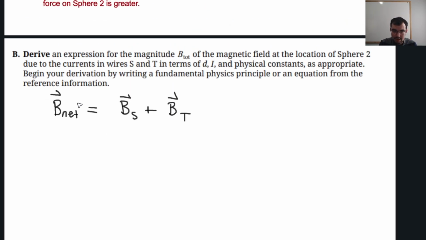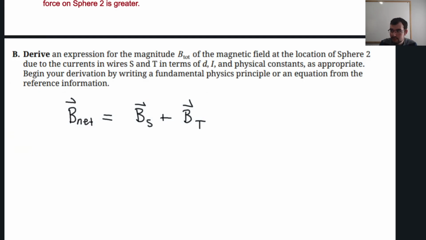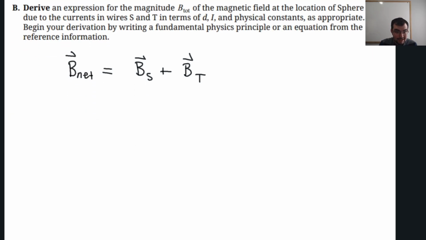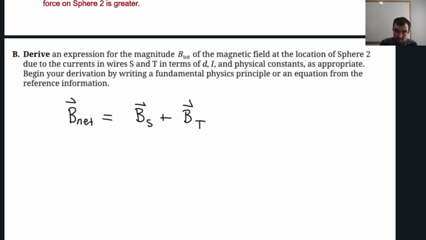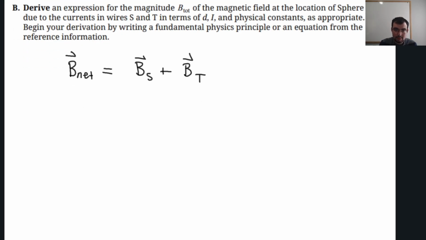This is called superposition. But what I think they're going to go for as your fundamental principle is that they're going to make you derive the wire formula because that's not on the sheet, even though I'm sure you all have it memorized.